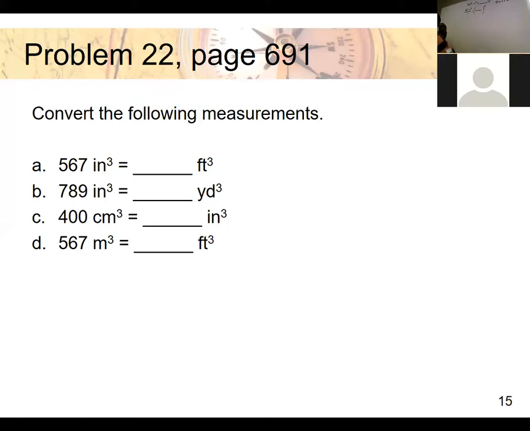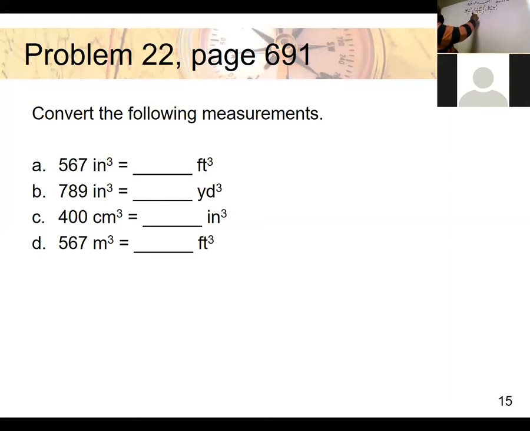Now, if I want to get rid of the inches, the 12 inches that I have here has to go on the bottom. The 1 foot goes on top. So what's going to happen here is this: I'm going to bring over the 567 cubic inches over 1 times.